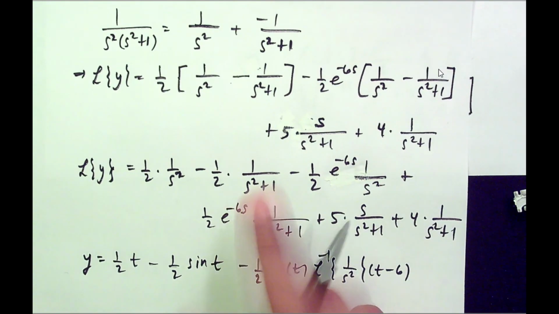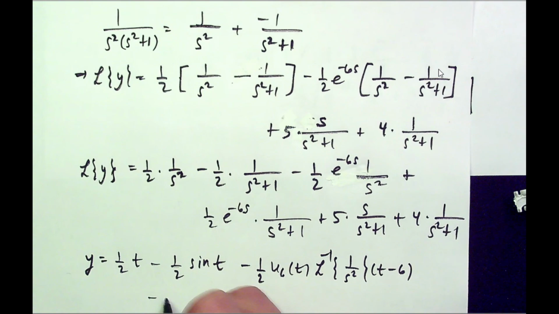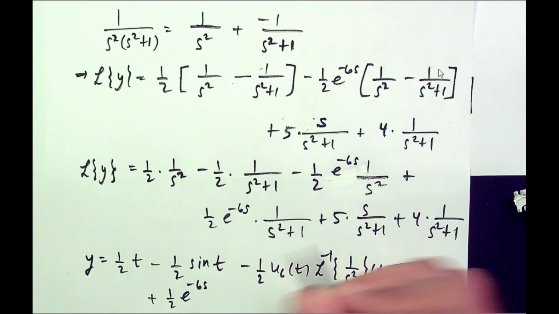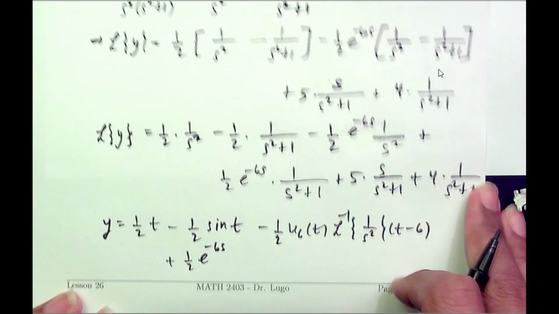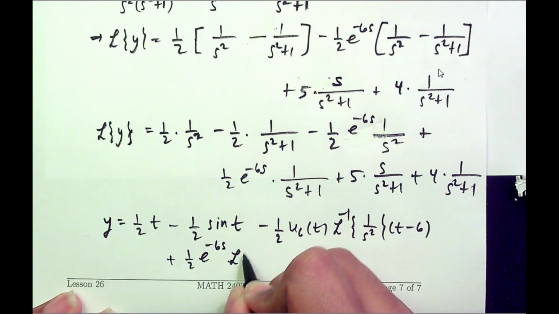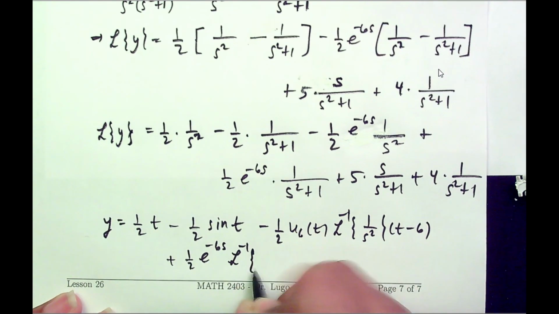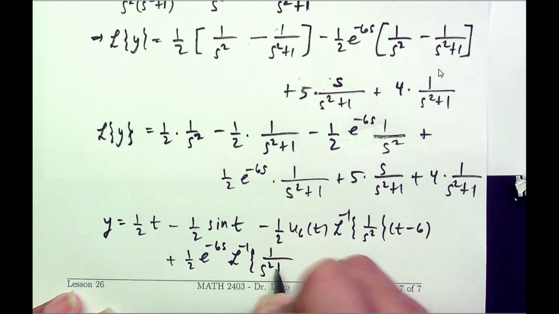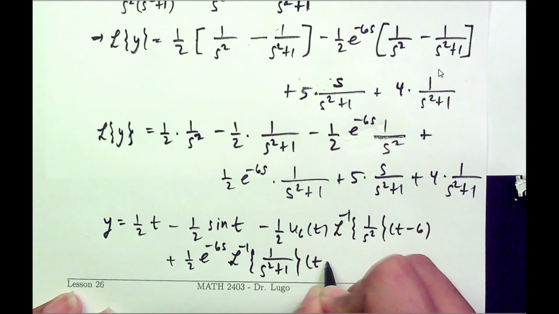This one is exactly the same thing. Though you do it the same way, it's not the same inverse. So plus 1/2 e to the negative 6s times Laplace inverse of 1 over s squared plus 1, evaluated not at t, but at t minus 6.